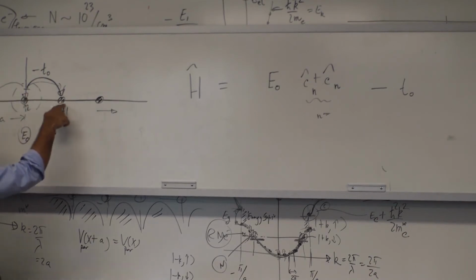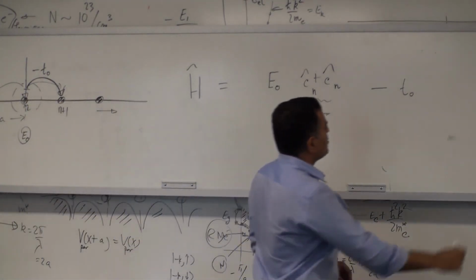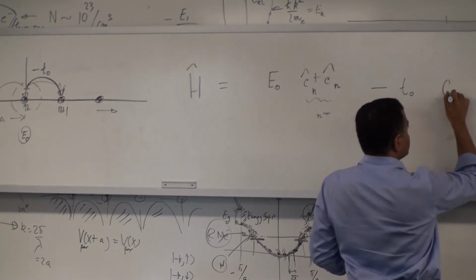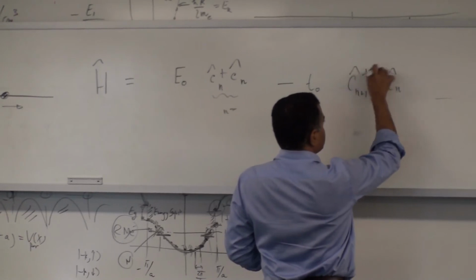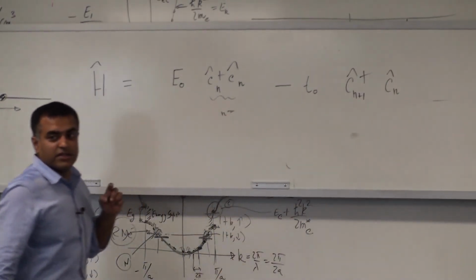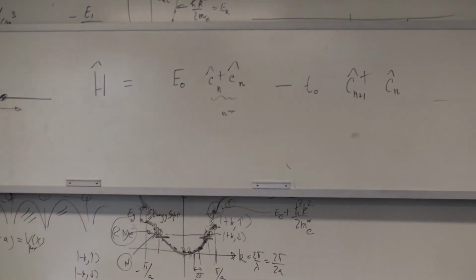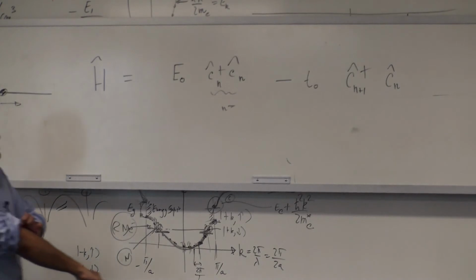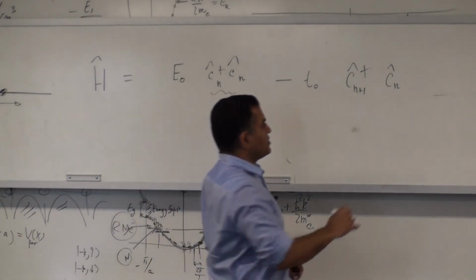So I must have a combination of operators where I am annihilating at site n and creating at site n plus 1. So that's your operator method of writing down the hopping term from one site to the next.